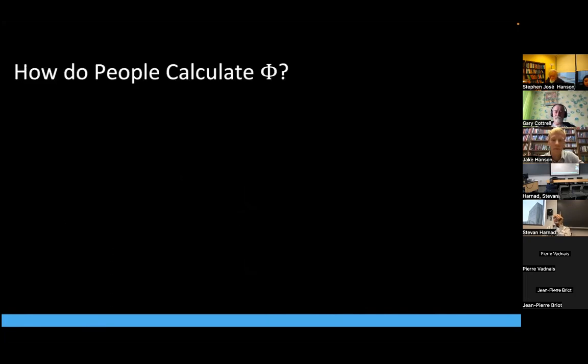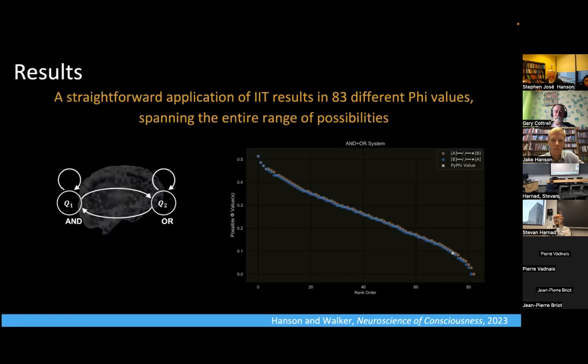Can I ask a question about why you originally used this? You took IIT and phi as being the best of the lot. Is that in itself a recommendation? I would not recommend anyone use IIT for anything. So you chose it because you thought it seemed to be the best measure of consciousness.